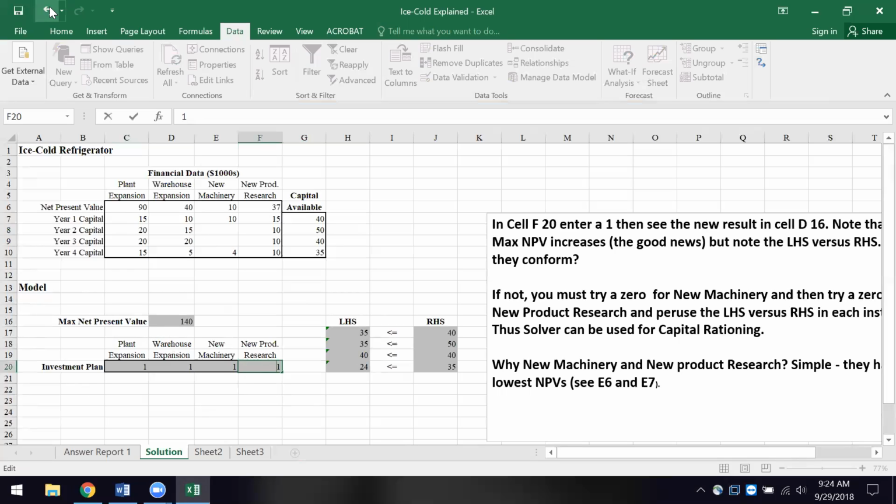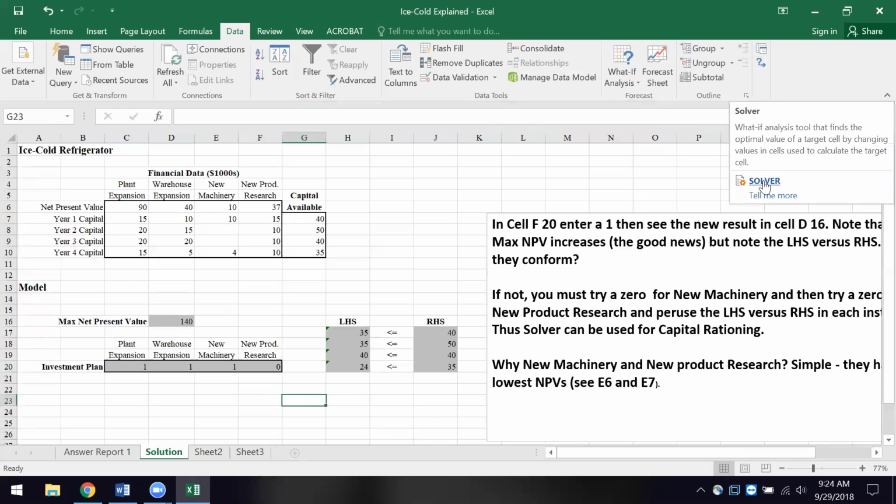When I take it back to 0, then I'm ready to run this, and I should get the maximum NPV.